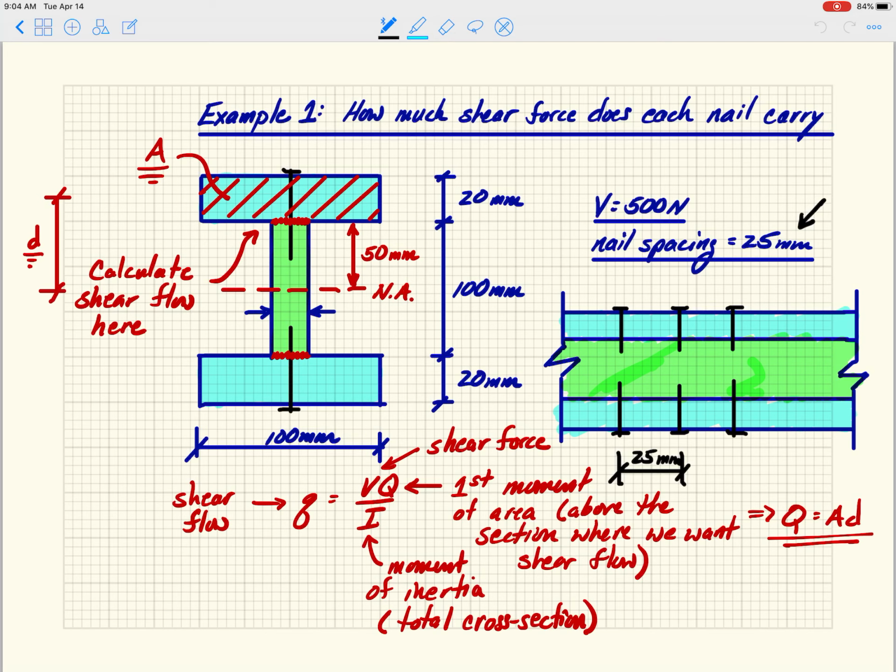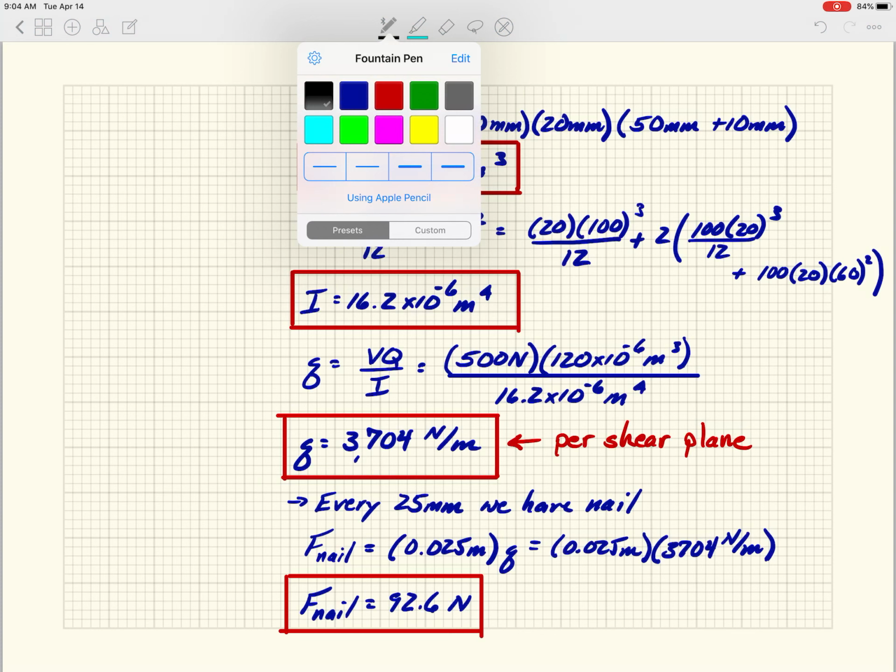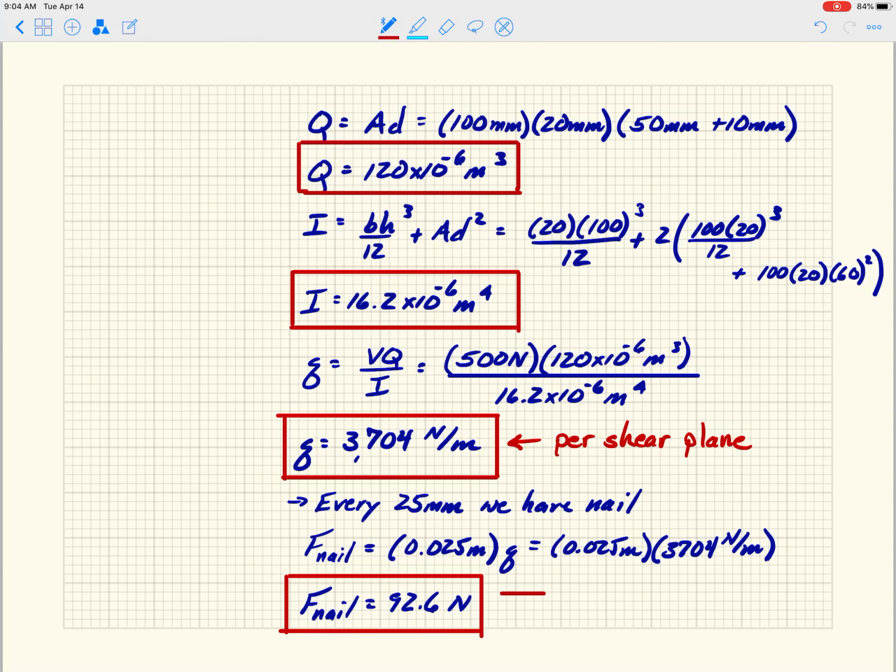So you would walk through this calculation and you would find that the final force in each nail is 92.6 newtons. Well, now I got myself a problem, because I just told you that each nail can only handle 80 newtons.